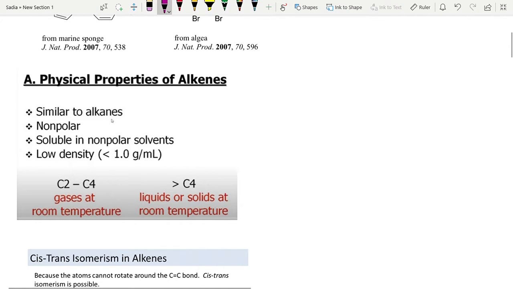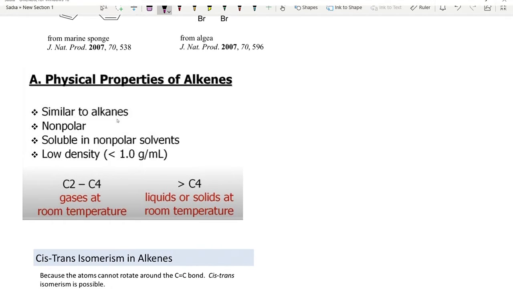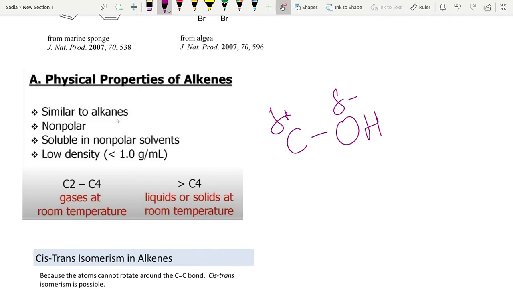If I say that I have carbon bonded to an oxygen atom, let's say in an alcohol like this, there's a difference in electronegativity value of carbon and oxygen. Therefore, carbon will have partial positive charge and oxygen will have a partial negative charge. So this compound will be a polar molecule where there are partial charges.